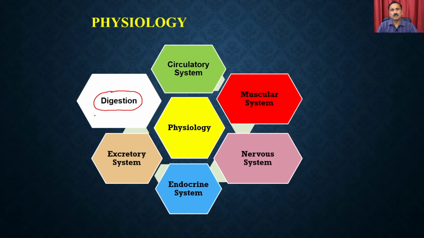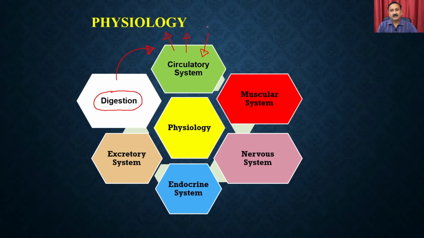These simple molecules are then absorbed, and once absorbed they need to be distributed throughout the body, and that is the function of the circulatory system. So, the circulatory system is going to distribute the nutrients and the gases, and in return it also collects the waste material from the different parts of the body.